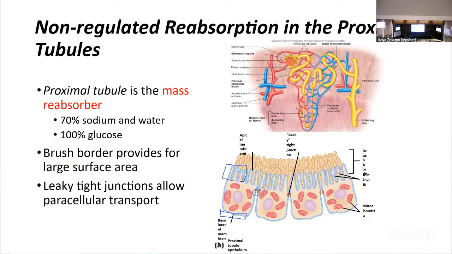But these tight junctions here in the proximal tubule are going to be a little bit leaky. So we are going to see some things sometimes sneaking between our cells here in our proximal tubule. So that's what paracellular transport is. Paracellular is going to be between those cells. So some of that's going to be possible here in the proximal tubule.